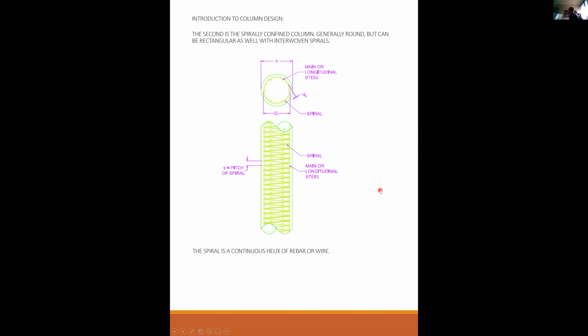The spiral is a continuous helix of rebar or wire, and the spiral confinement provides a superior confining effect and is rewarded in the ACI 318 with better capacity values. Spiral columns are generally more expensive than their tied counterparts.